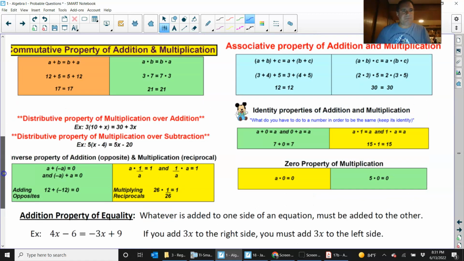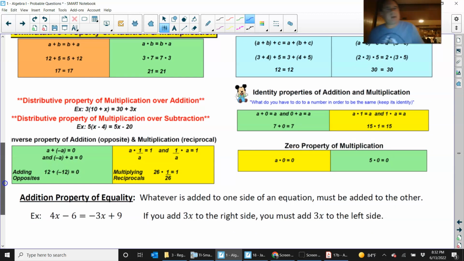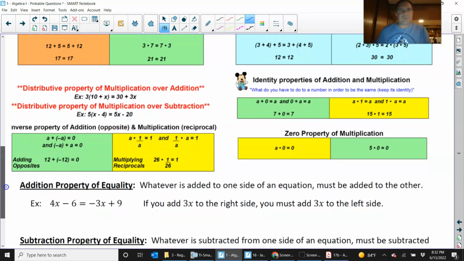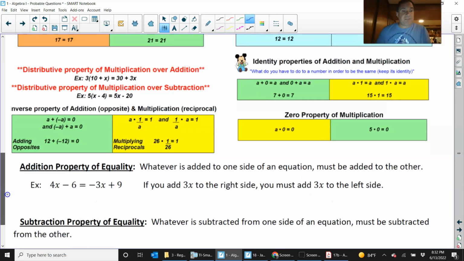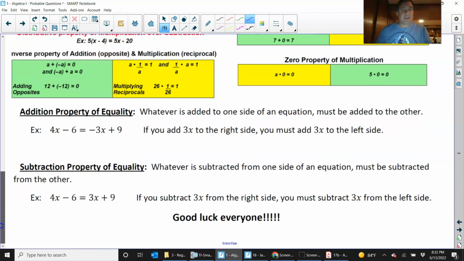Big commutative property, big question on this is always distributive property of multiplication over subtraction or addition. Just be aware of that. Addition property of equality. Remember, you're adding 3x to both sides, and that's what makes it the addition property of equality. If you're subtracting on both sides, just remember it's the subtraction property of equality. The only other thing that I'm gonna put down here, as I'm remembering, is the difference of squares.